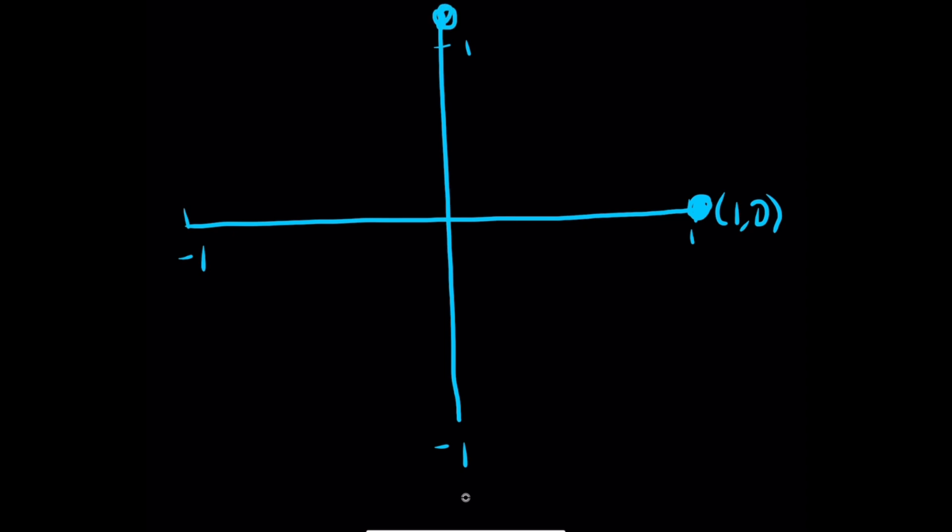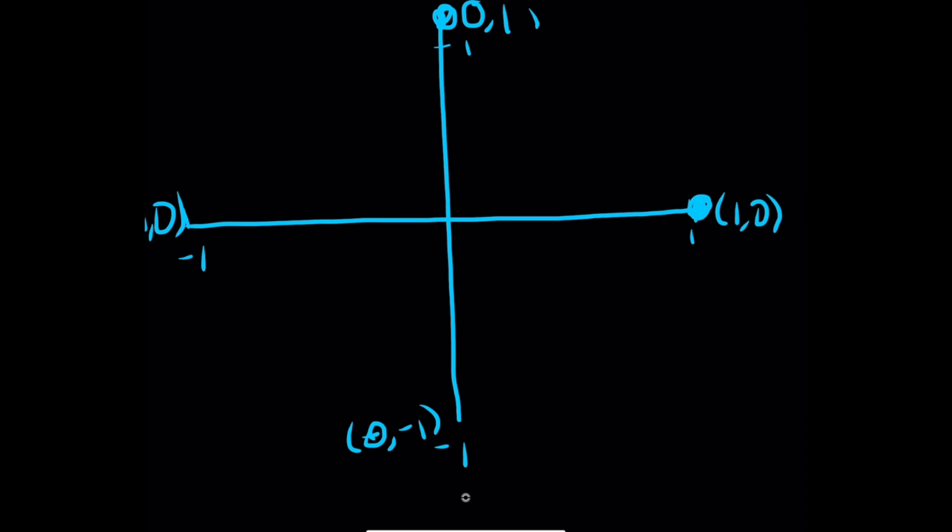This point right here is 0, 1. And this point right here is -1, 0. And this point right here is 0, -1. But you get the point, okay?